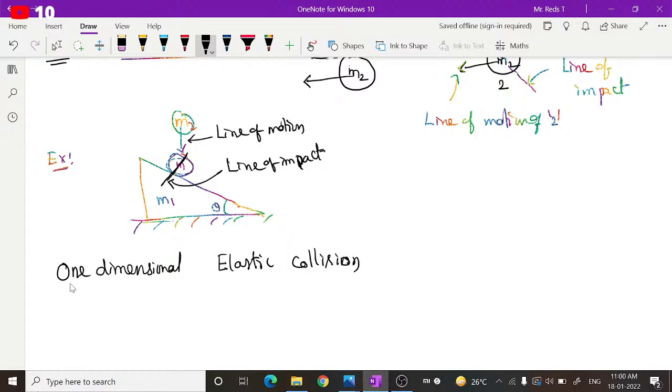Under this, we'll discuss how to apply the law of conservation of momentum and the law of conservation of energy, and by knowing the masses of any two bodies and their initial velocities, how you can find the final velocities after collision. These points we will discuss in the next session.